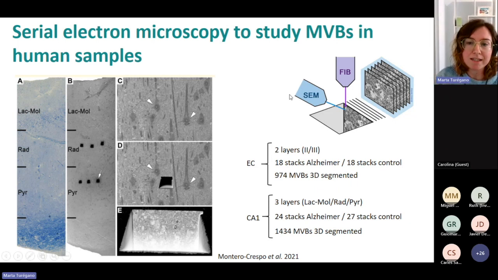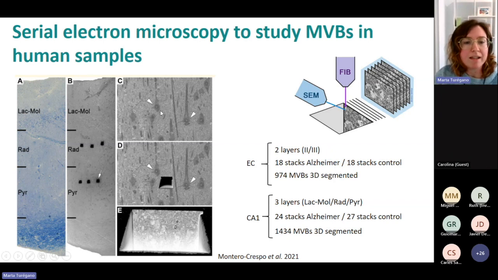One of them is the SEM that scans the surface, and the other beam is a gallium beam, called FIB, that mills the surface by 20 nanometers in our case. So both beams work continuously and they can form a stack of images that represent three-dimensionally the tissue that we want to study.